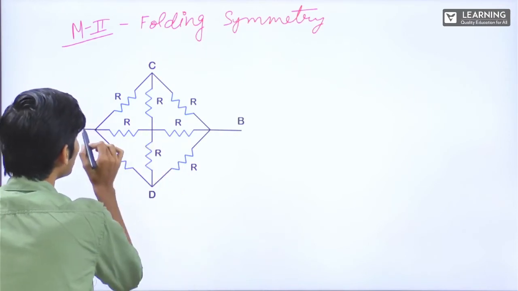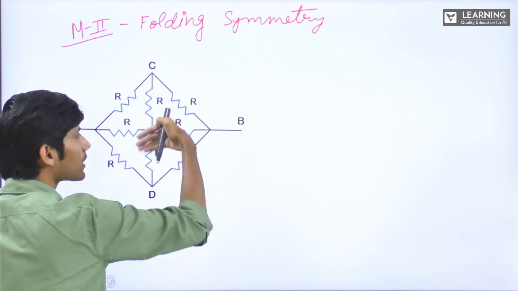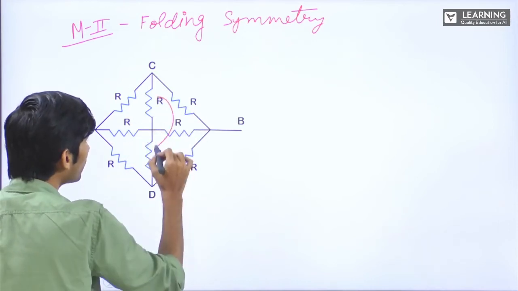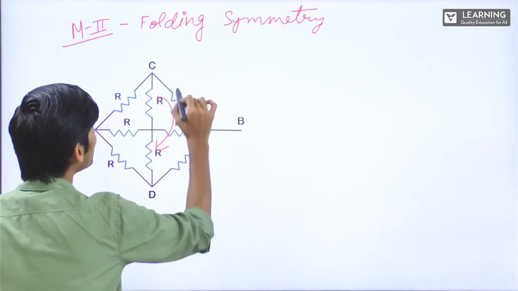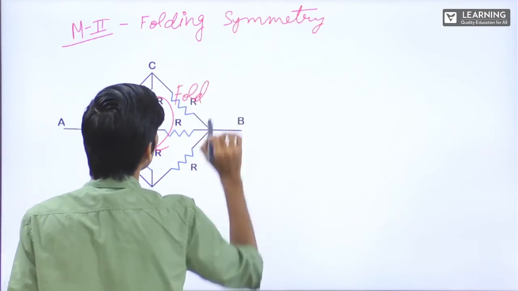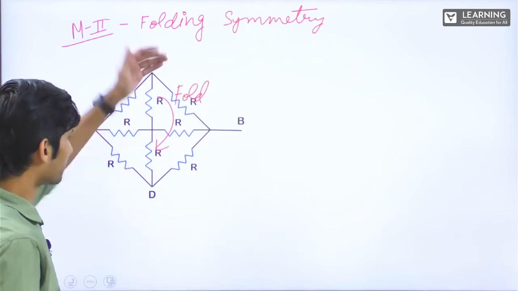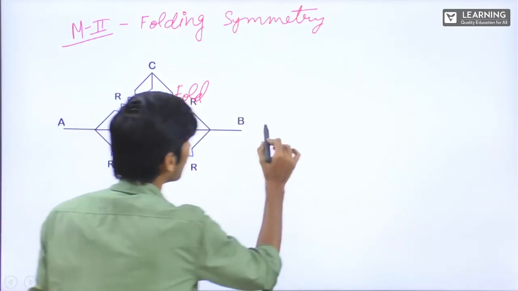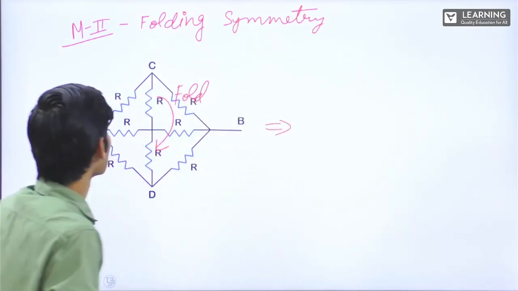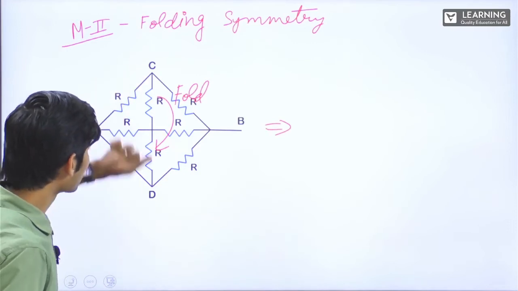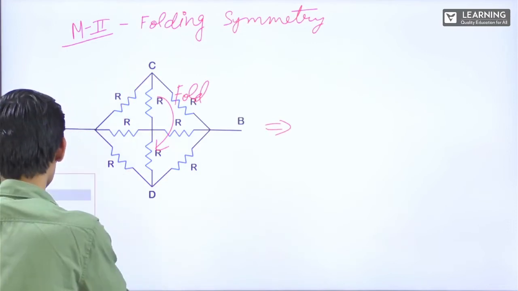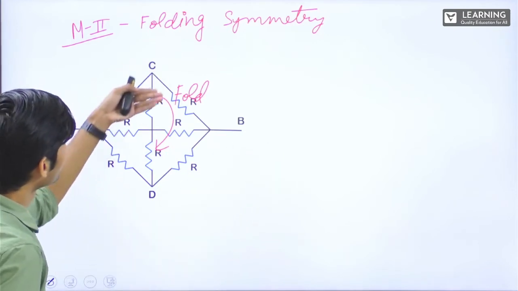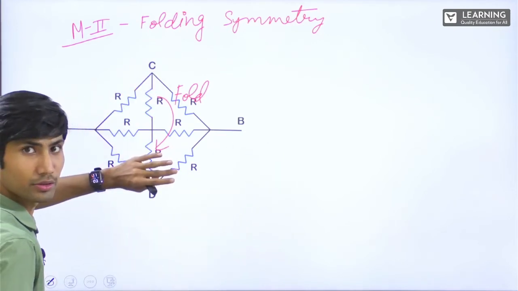From here, if you see, the part which is above this AB and the part below, both are symmetrical, both are the same. I can actually fold this. From here, I'll fold. If I fold, what will happen? Understand. These 2 points, C and D, will join, right?